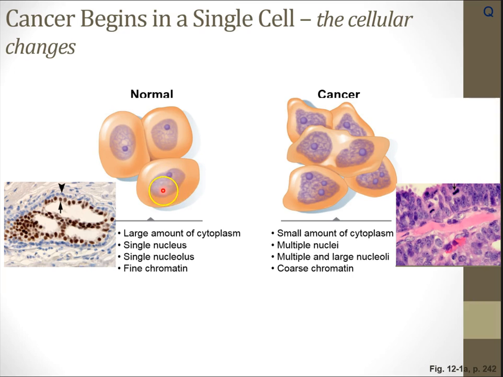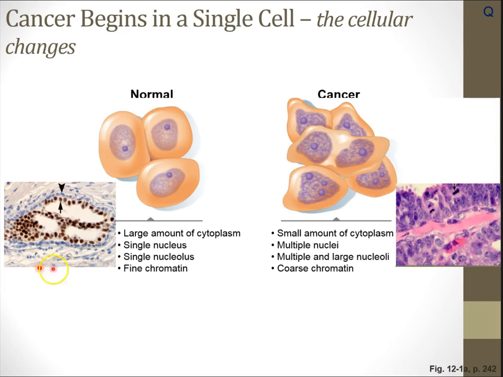In these cells, the chromatin is very fine, and oftentimes you can't see any defined structure in the nucleus, especially during interphase. However, in cancer cells, we usually see sometimes multiple nuclei, multiple nucleoli, and the nucleus itself seems to enlarge and takes up a large proportion of the cell structure.